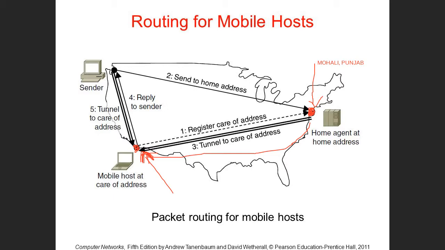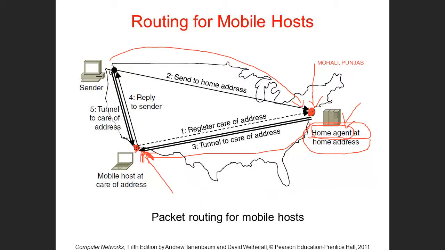Now the thing is how routing in a mobile host works. Instead of updating all the topology, the source always sends the data to the home agent, the home network. At the home network, there will be a router designated as the home agent. Let's understand what this home agent is. A home agent is basically a routing device that is capable of forwarding packets.